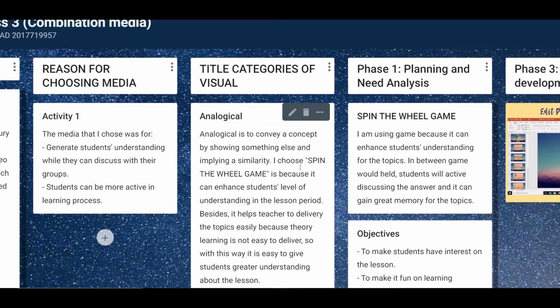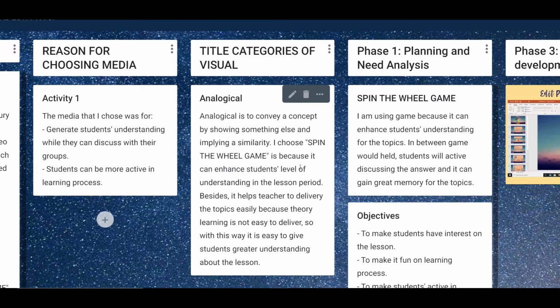So here is the title, categories of visual. I chose analogical. Analogical is to convey a concept by showing something else, implying a similarity. I chose the spin the wheel game because it can enhance students' level of understanding in the lesson period.